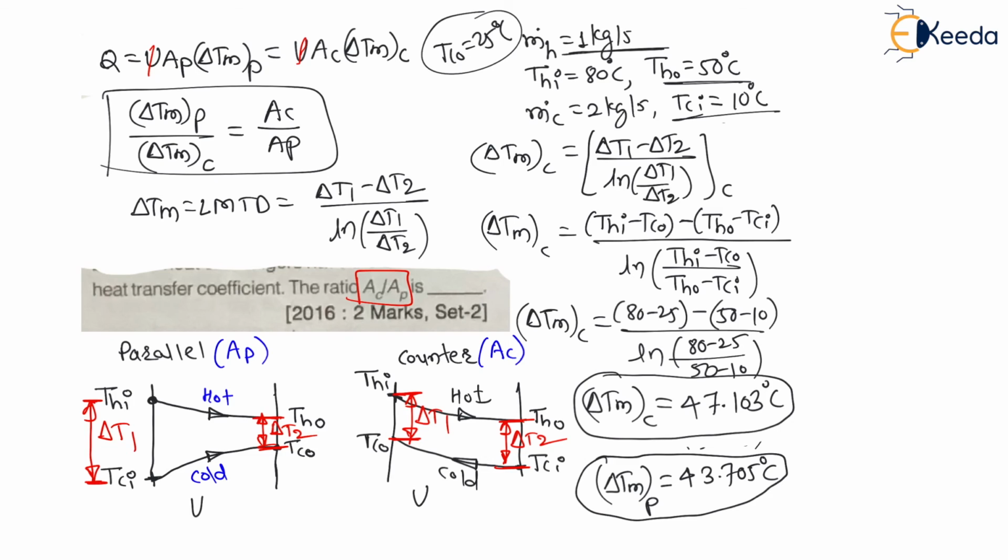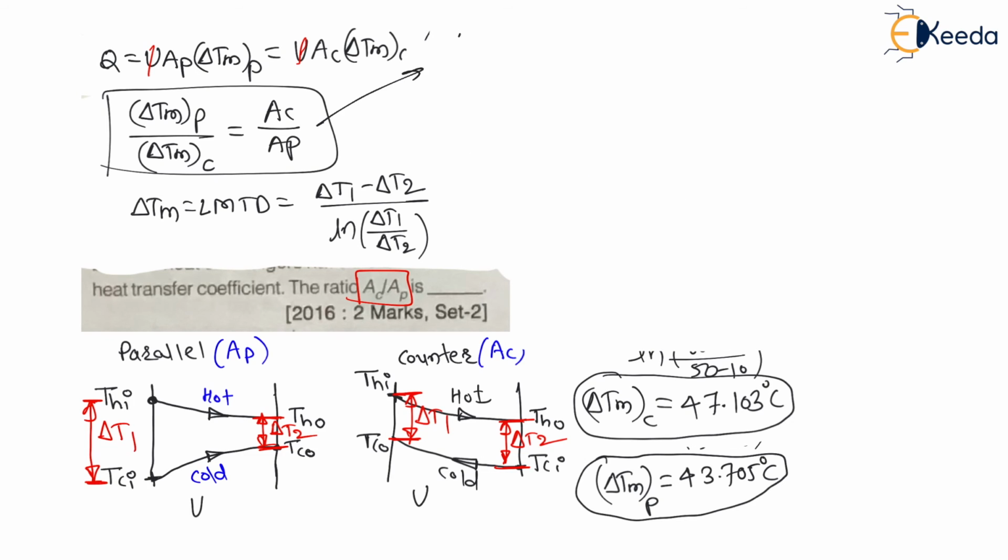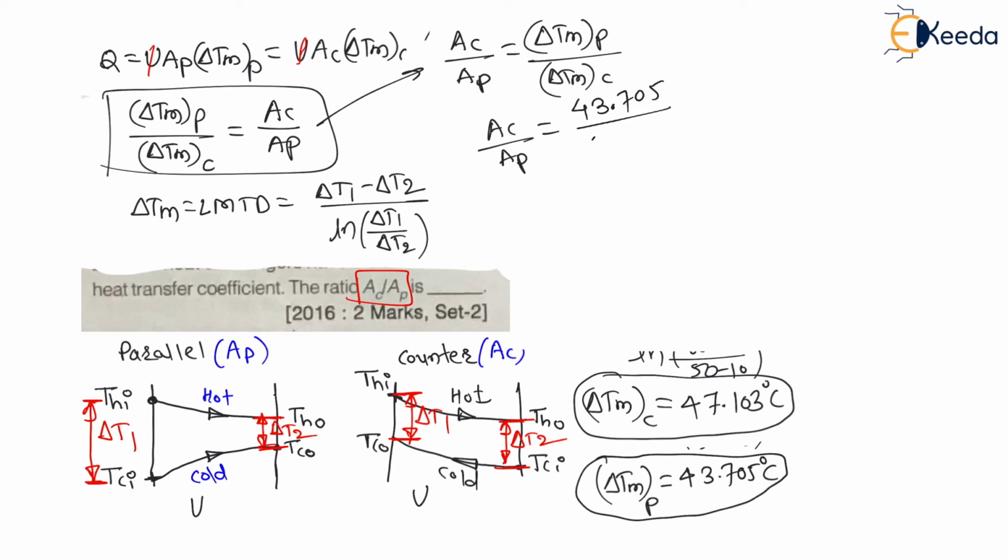Now once you calculate this log mean temperature difference for counter and parallel flow, let us equate this equation. Therefore, from this relation we can get area of counter flow divided by area of parallel flow is equal to log mean temperature difference of parallel flow divided by log mean temperature difference of counter flow. Therefore, area of counter divided by area of parallel will be equal to 43.705 divided by 47.103.